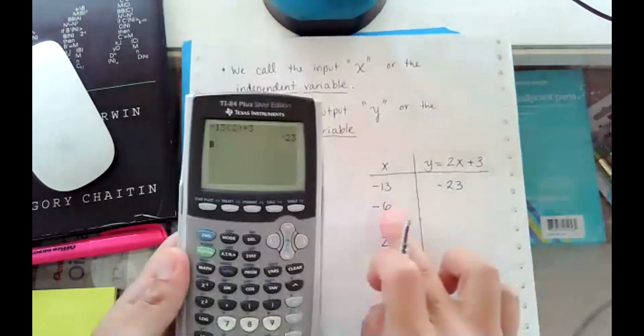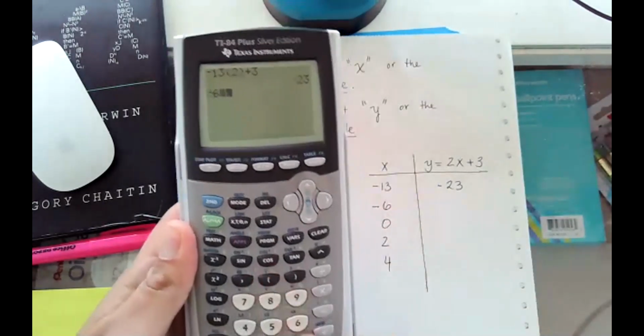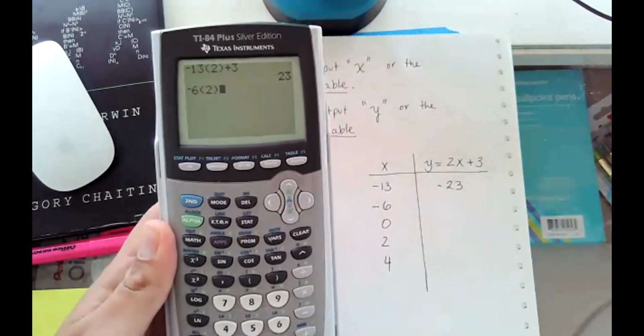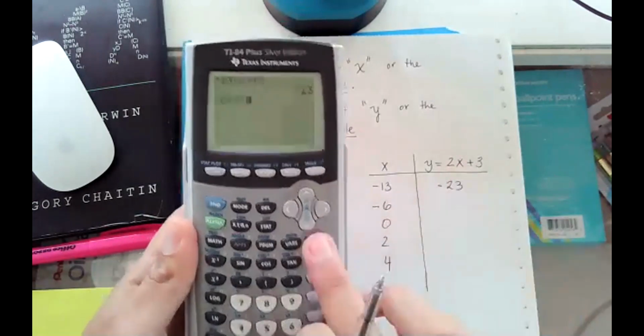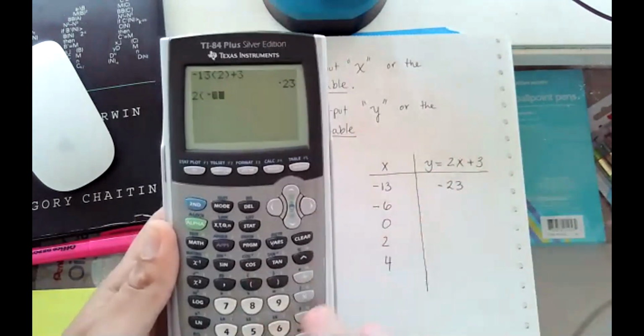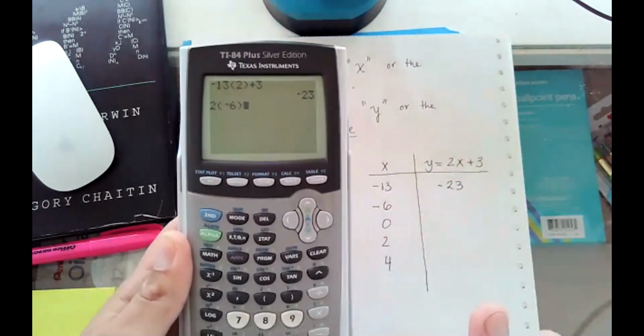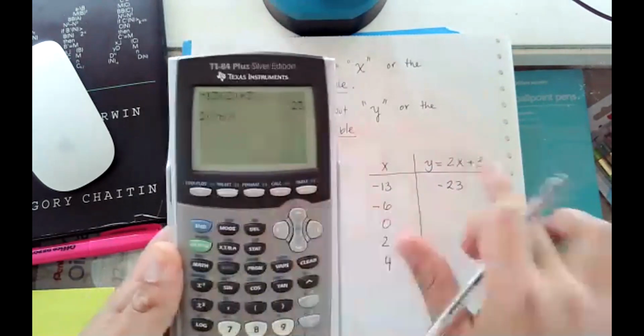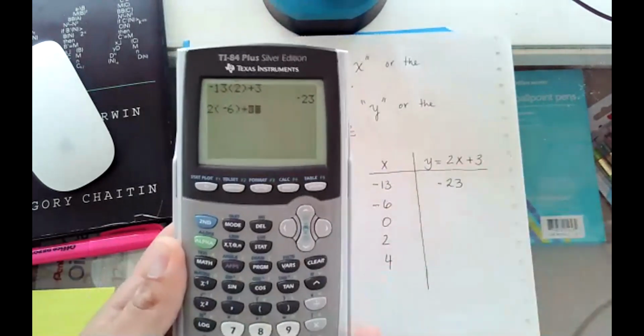Okay, well, if we throw these other inputs in, -6 times 2, and I'm sort of writing it backwards because with multiplication the order doesn't matter. You could do 2 times -6. That's probably a better way to do it because we're putting our input value in for x and then adding 3.